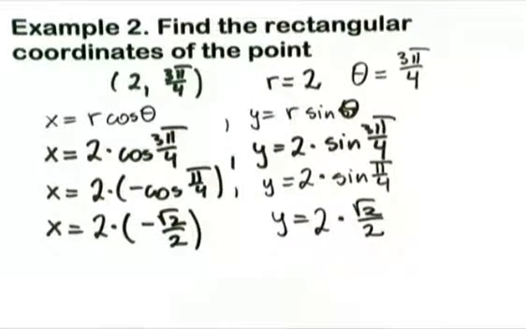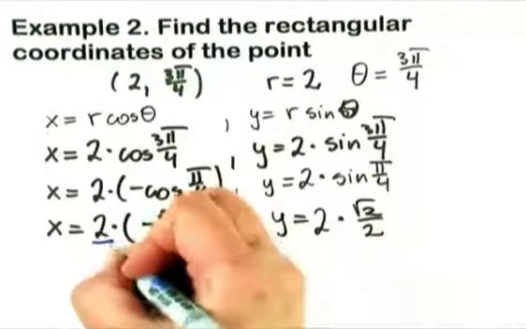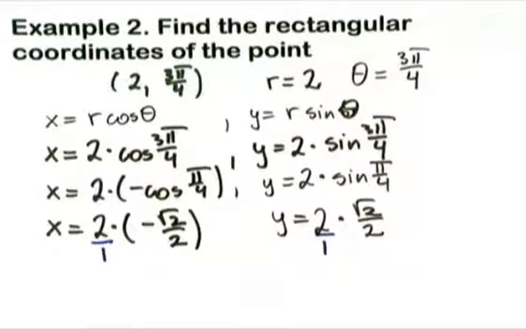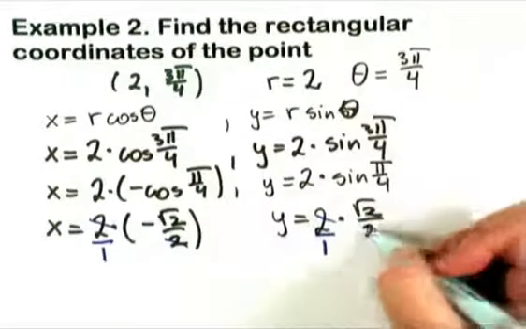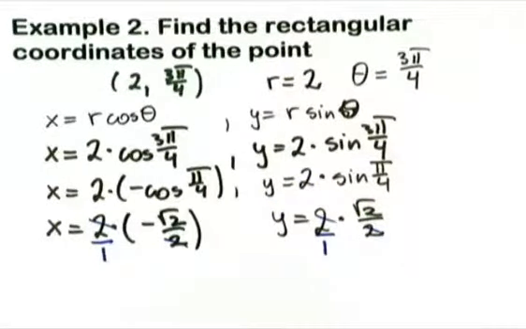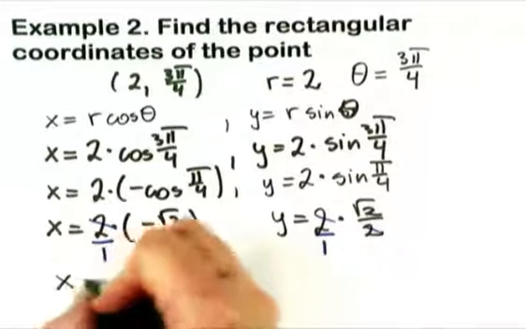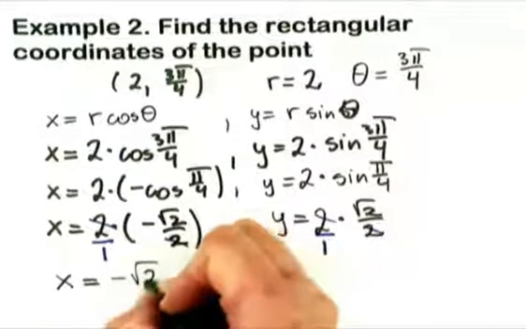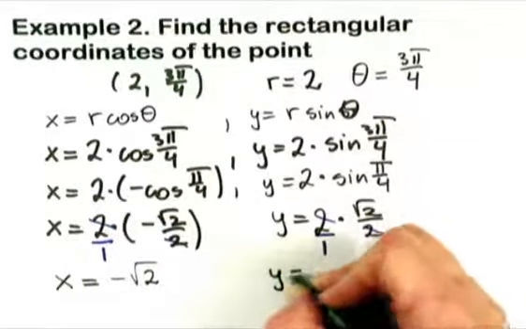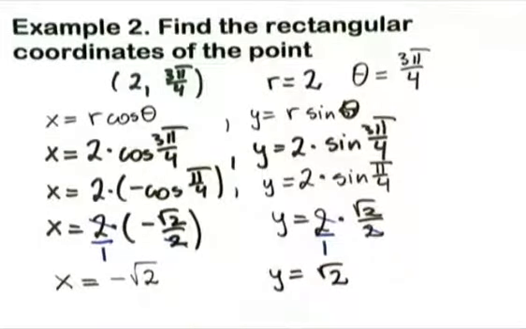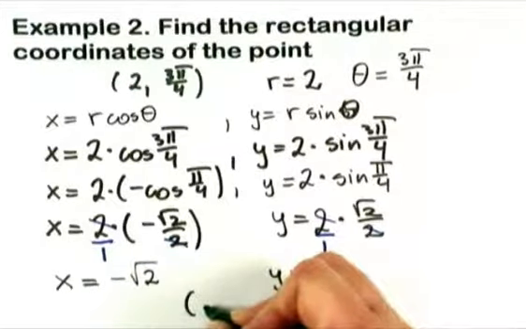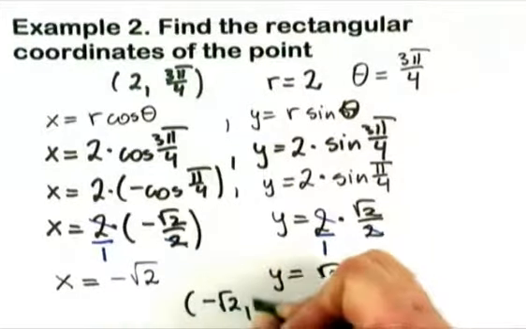And we can write that this is over 1, this is over 1, then this 2 and 2 reduces to 1, the same story right here. So we have that x is equal to negative root 2 and y is equal to root 2. So the rectangular coordinates x and y are negative root 2 and root 2.